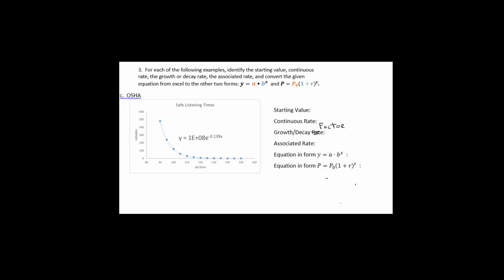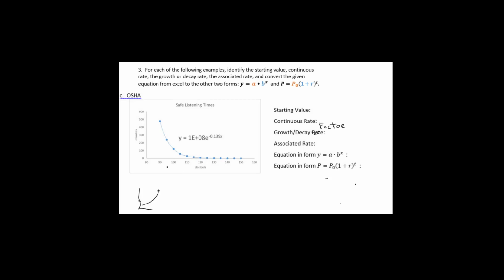Well, let's take a look at what we have in this graph. Notice that this is actually an exponential decay. Notice all the other ones kind of went like this. Exponential growth. This is exponential decay. And you can see that by the value of K here.